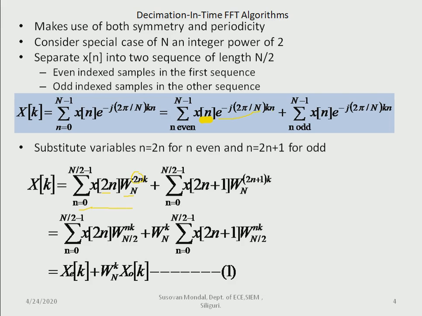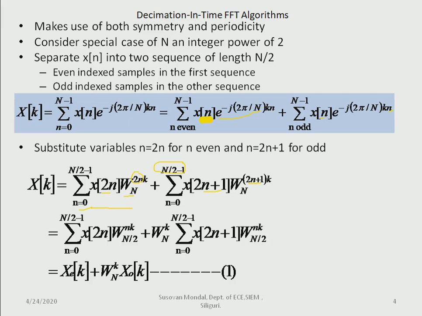Then again, as I said, we will decimate the sequence. The upper limit will change to n by 2 minus 1. Then this n will be replaced by 2n plus 1, and also this n will be replaced by 2n plus 1. So this is the even indexed part, and this is the odd indexed part.